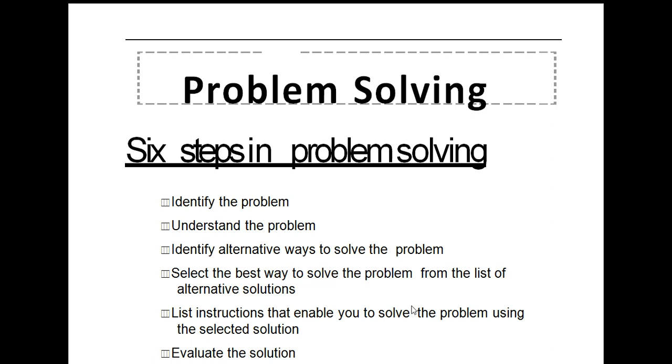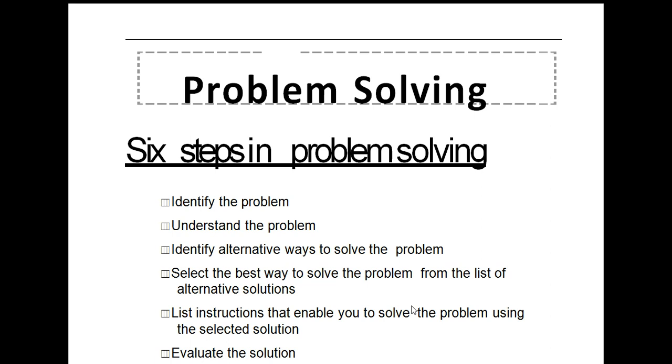After identifying the problem and understanding the problem, you have to identify alternative ways to solve the problem. So what are the different ways to solve the problem? All these things you have to identify. There may be several solutions or several ways to solve the problem. So all these ways you have to identify in the third step. That is the third step of problem solving.